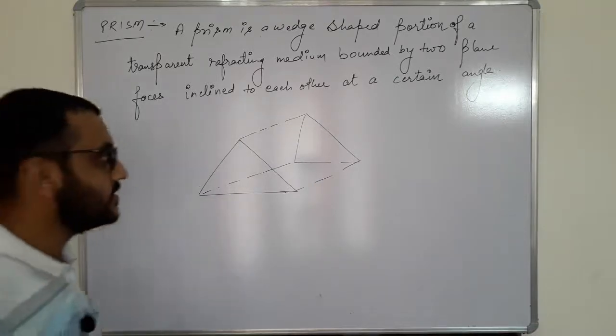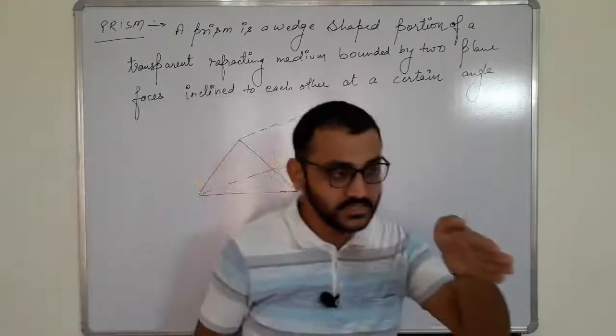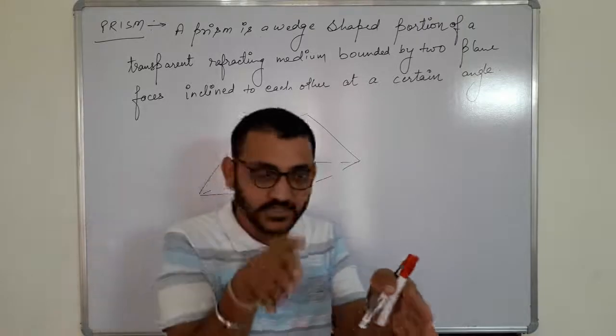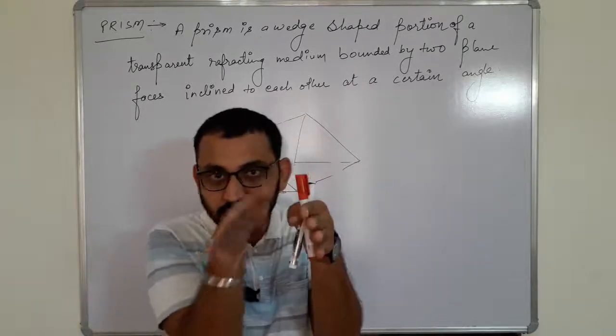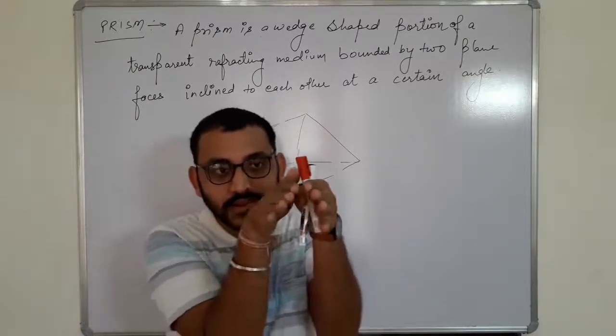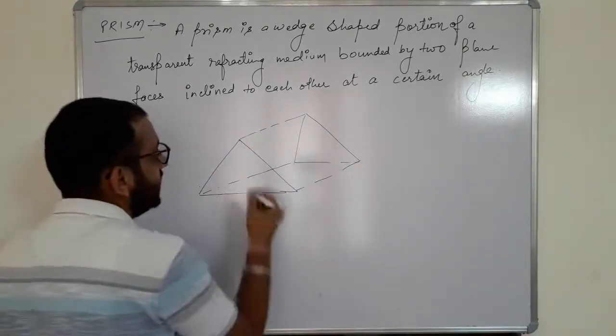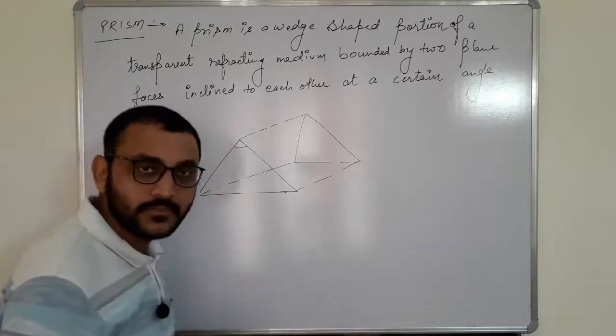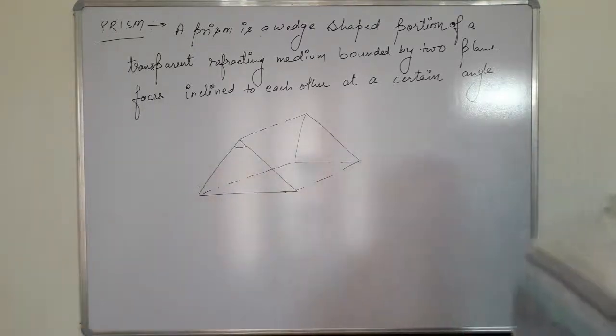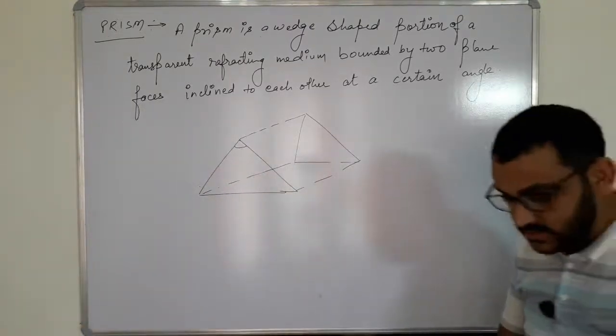The point is that if we have two surfaces, suppose this is the first surface and this is the second surface, and these two are plane surfaces inclined at a particular angle, then this kind of shape is called a prism.